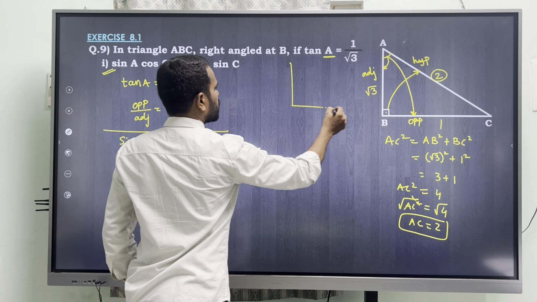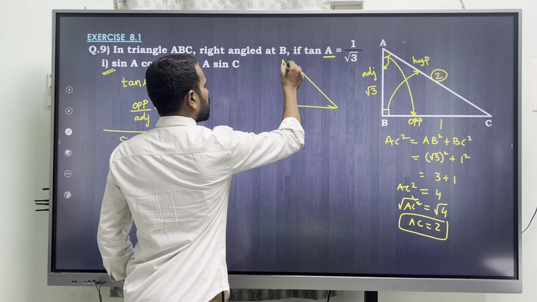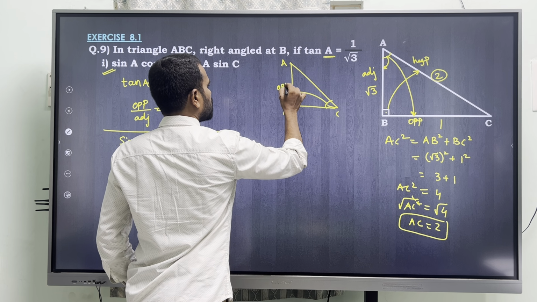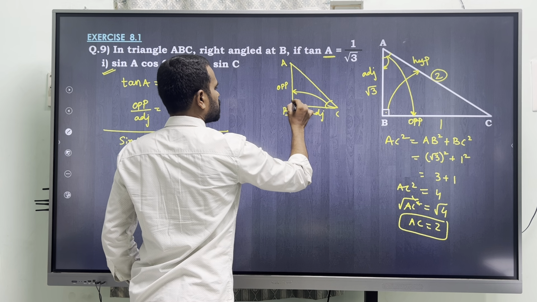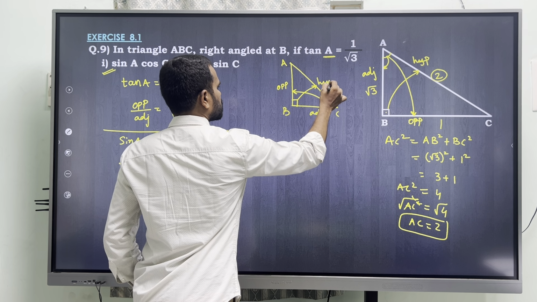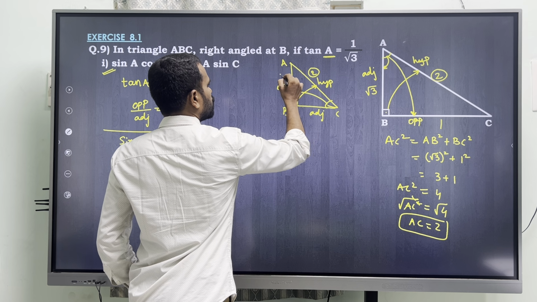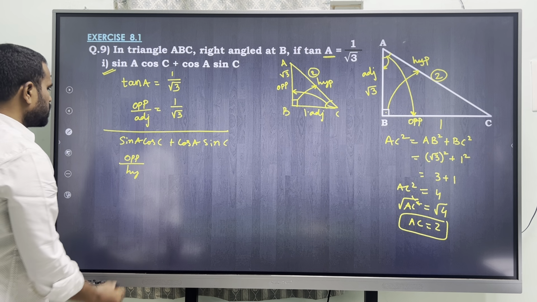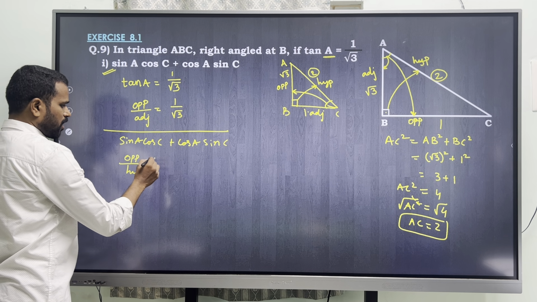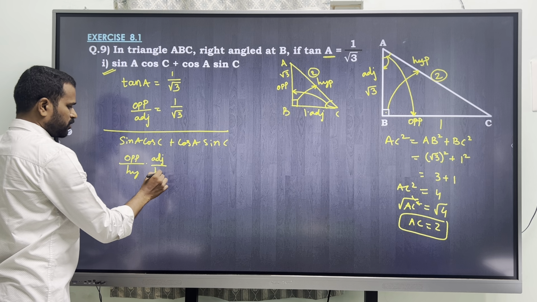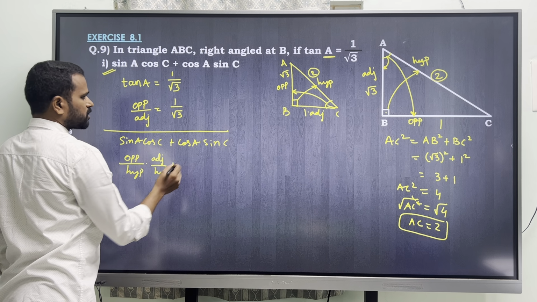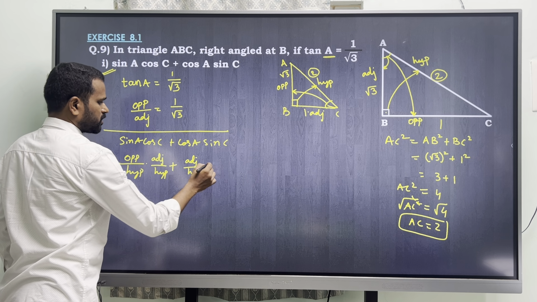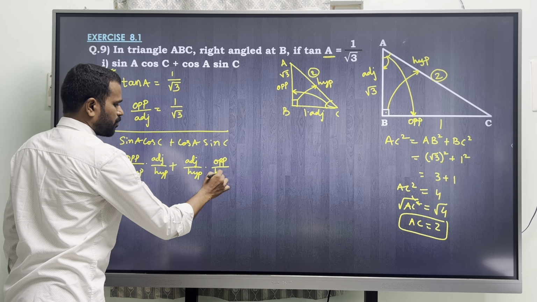So let us redraw this: A, B, C. This is angle C, so this side is opposite and this is adjacent, and this is the hypotenuse. The values remain the same: 2, root 3, 1. The definition of cos is adjacent upon hypotenuse.